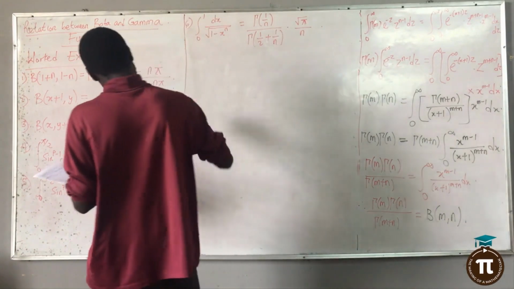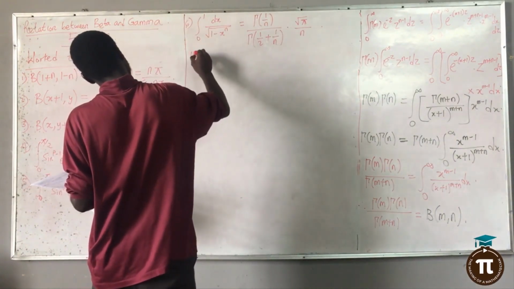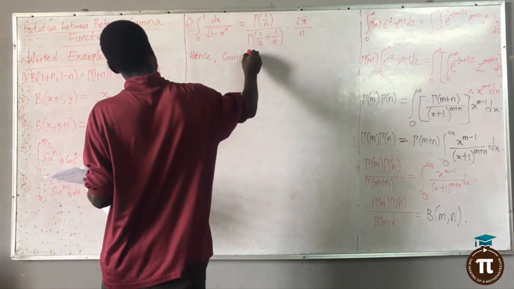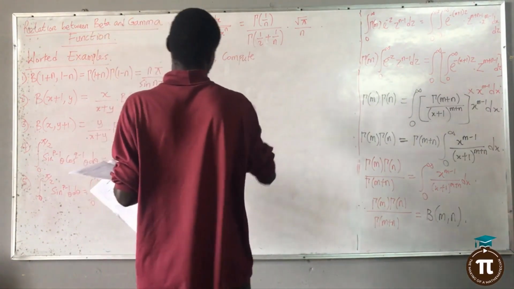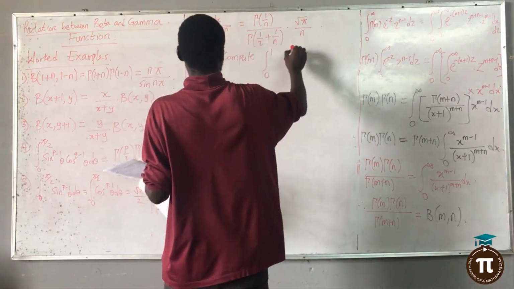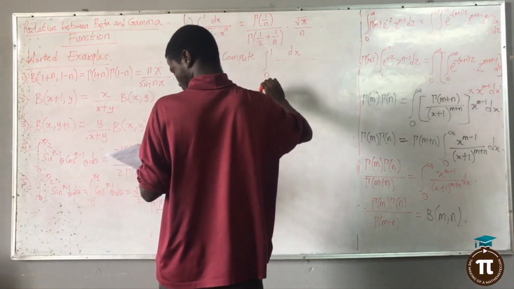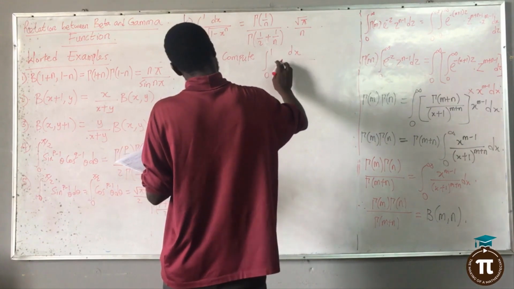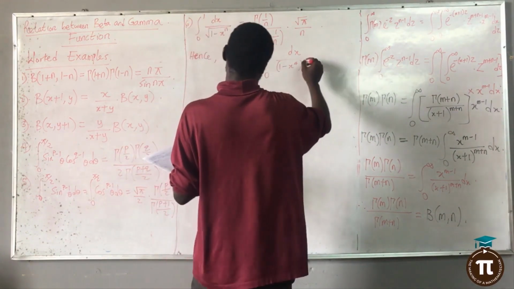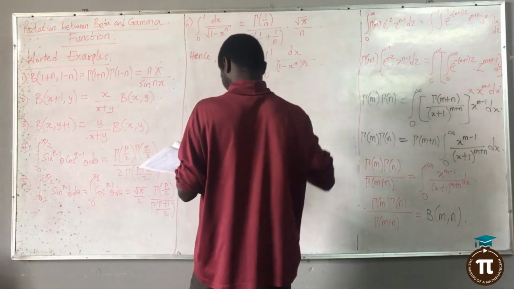Hence compute the integral from 0 to 1 of dx over 1 minus x to the power 4, raised to the power of 1 over 2.